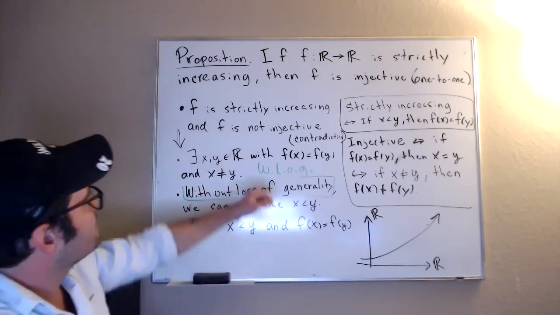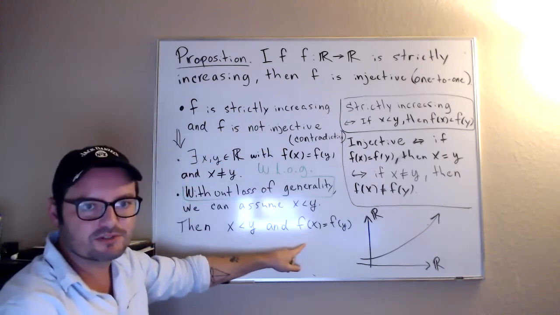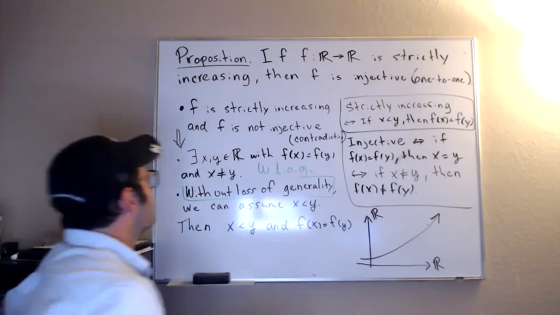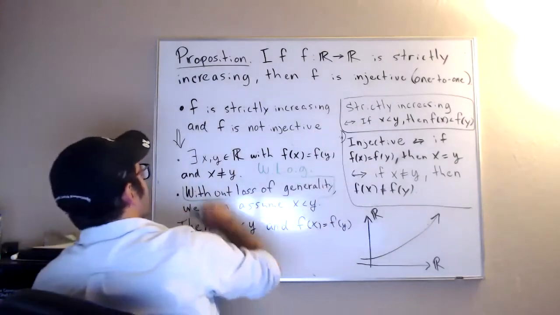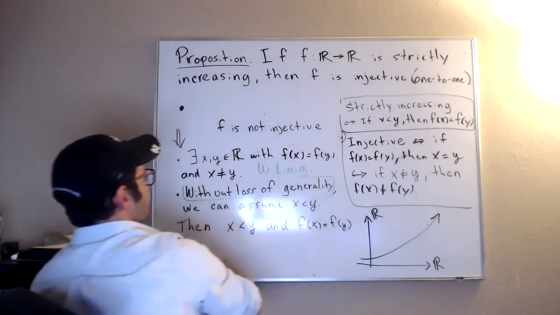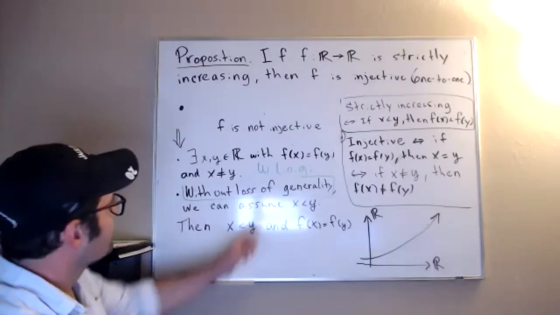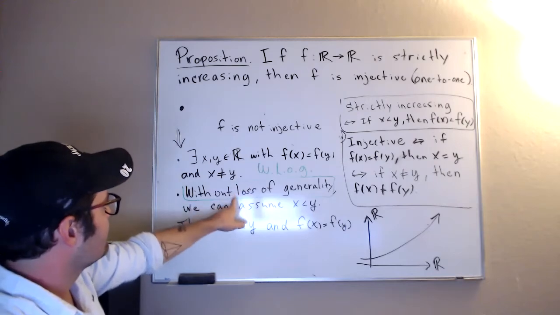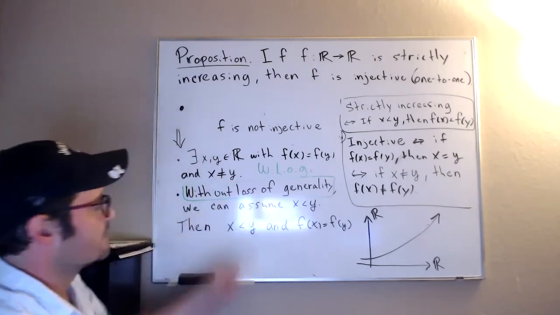But really, we didn't use any information about being strictly increasing until the very end, where we saw that it couldn't be strictly increasing, right? So if we start like this, if we assume that f is not injective, then we use this, and then without loss of generality, we can assume that x is less than y.